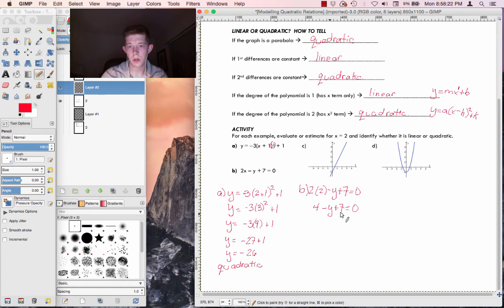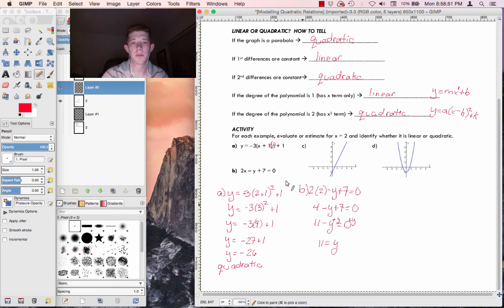So 4 plus 7 gives me 11 minus y. All I did there was I collected my like terms. And I'm going to add y to both sides to remove it from the left-hand side. So I got 11 is equal to y. Okay? Because I had minus y plus y adds to 0, and I have 0 plus y gives me a value of y.